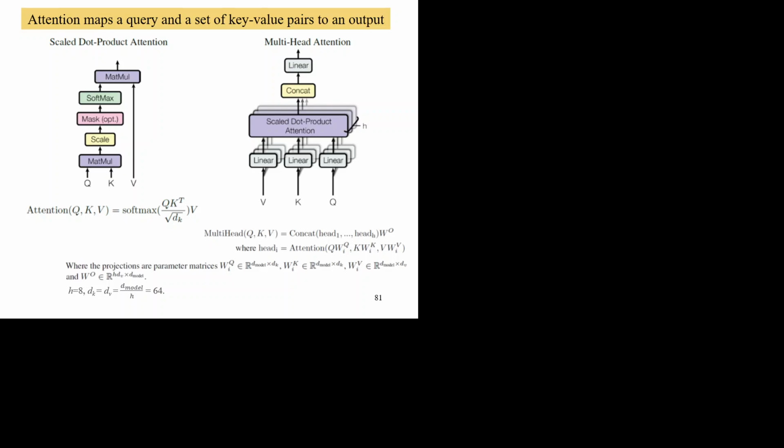Each time I use a different random matrix to produce the QKV. So the main idea is to try to increase the variation, so that maybe I can find some variations that perform better in this attention mechanism. Okay, the main idea is like this.